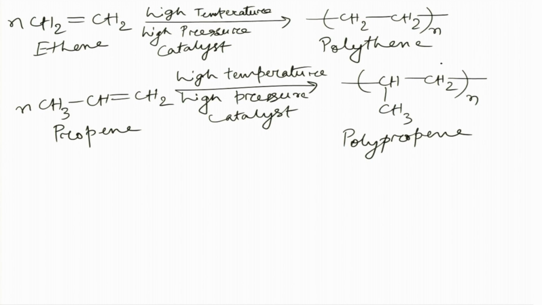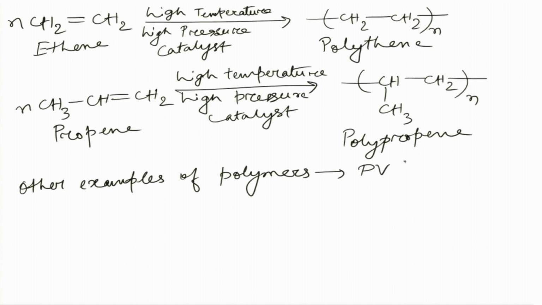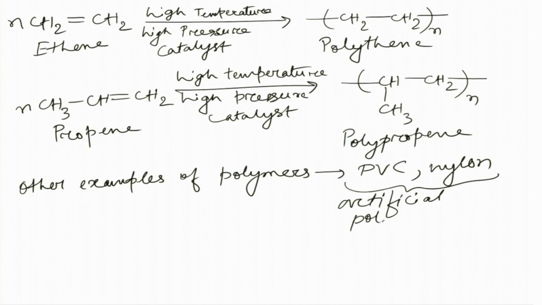Other examples of polymers: there is PVC, there is nylon, okay. These are other examples of polymers, but these are artificial polymers. There are some natural polymers also, which are formed in nature.